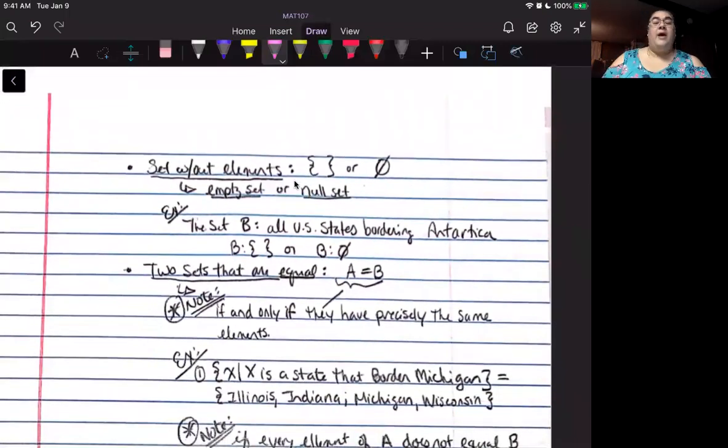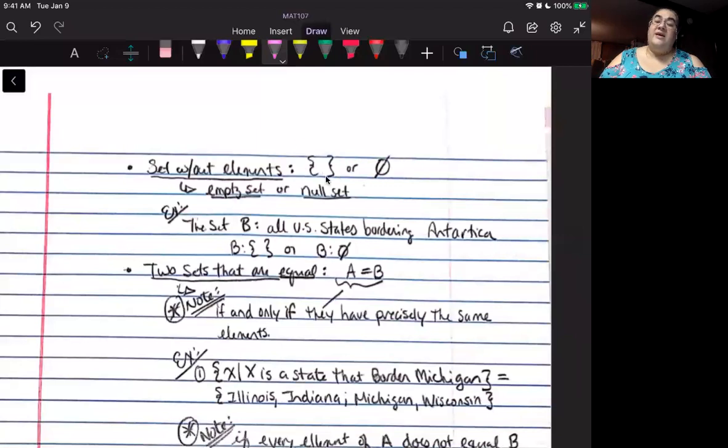If we use the brackets like this and leave nothing in it, we're saying that this is a set that has no elements that belong in it. Sometimes you will use this symbol instead, which also means there are no elements that belong in this set.